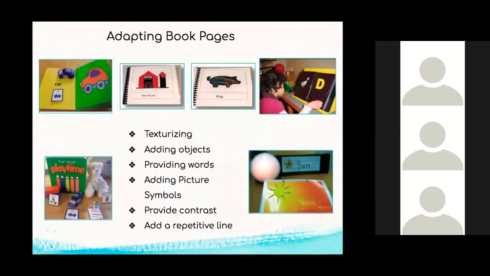Adding objects to a book really reinforces the understanding of what's in the book and what's happening in it. You can see that on the left side: take a big baggie and put your book in it, along with all the little objects you found around the house or in the classroom that might support understanding. Providing some contrast.